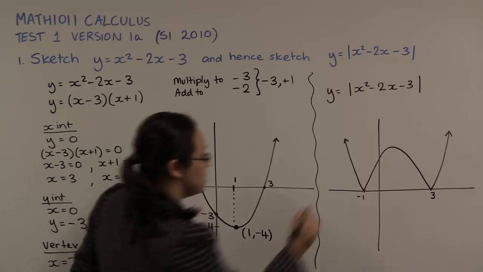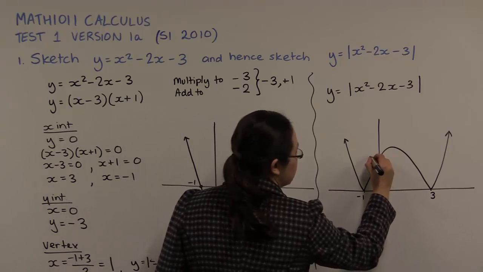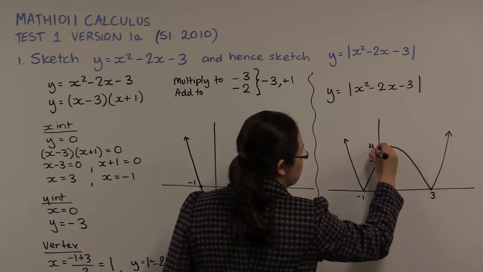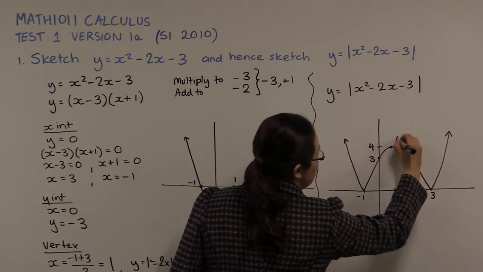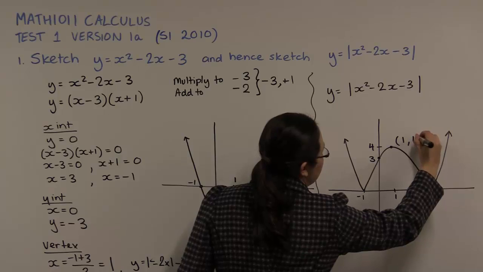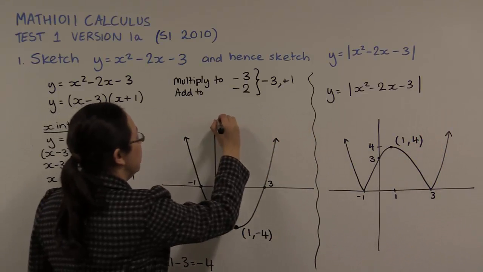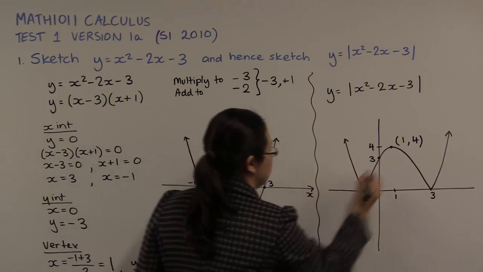The minus 3 intercept reflects to plus 3, that minus 4 reflects to plus 4. So now this vertex here is 1, 4. So just labeling some things here.